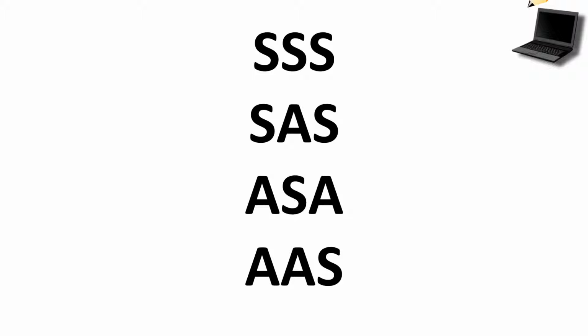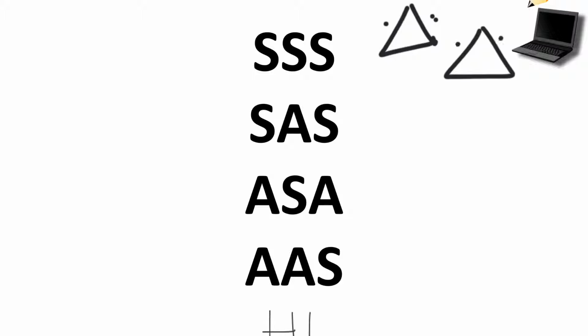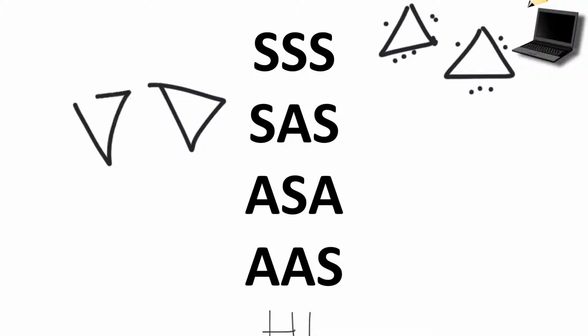There are 4 main theorems. There's actually 5 that we're going to use this week to prove triangle congruency. There's SSS, the size of the triangles. There's SAS, if I draw one real quick, where you know a side, you know an angle, and you know another side.